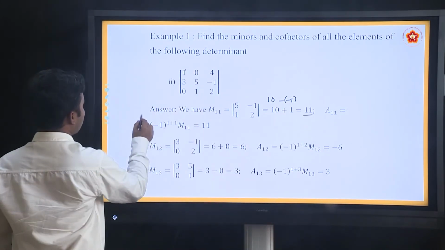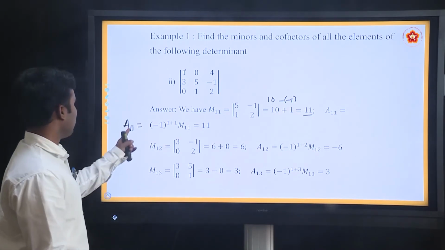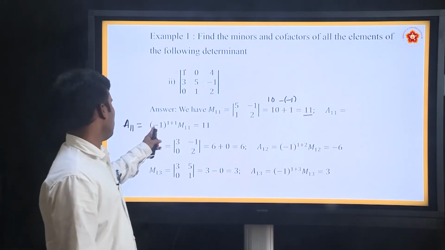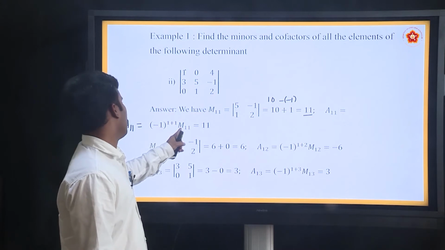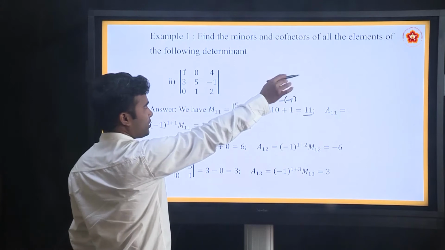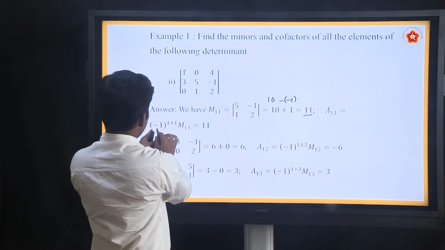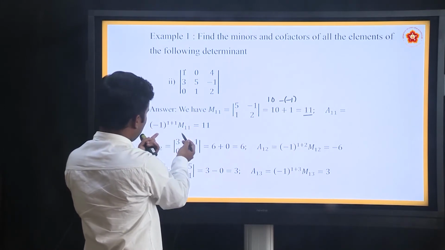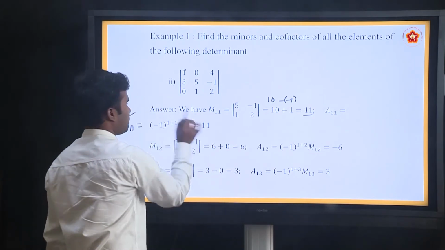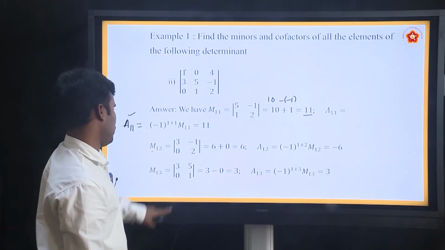Therefore, the corresponding cofactor: a11 is equal to minus 1 to the power 1 plus 1 into m11. Just now we have written a11 is equal to m11. Minus 1 to the power 1 plus 1 is 1 obviously, into m11, which is 11. So, the cofactor element is 11.